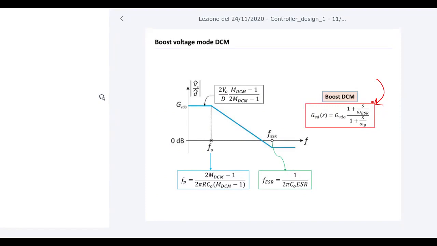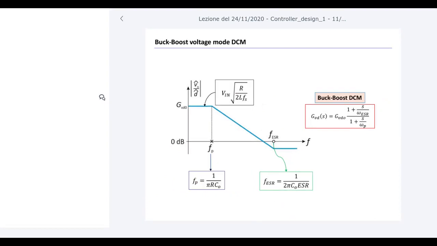Of course the pole and the gain here are different from those of the buck boost DCM I previously showed, but you can use this expression to find out what happens. For example, M DCM is simply V naught over V in for the DCM operation of the boost. So you have to apply here the ratio V naught over V in, and you can get this expression. And this is the buck boost I previously showed here. It's much more simple.